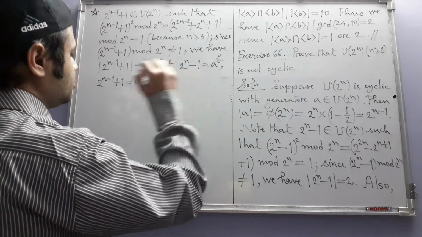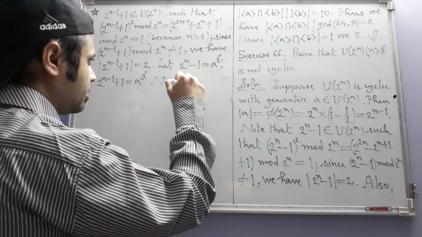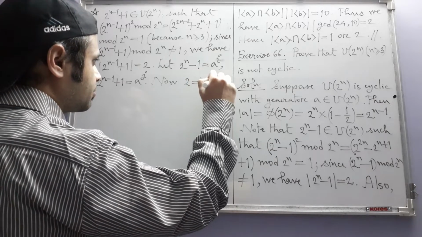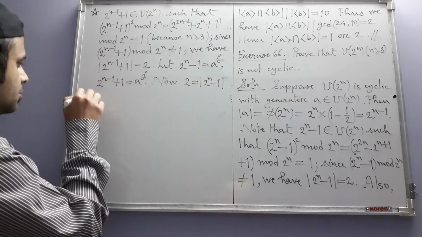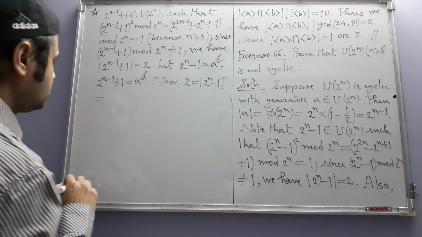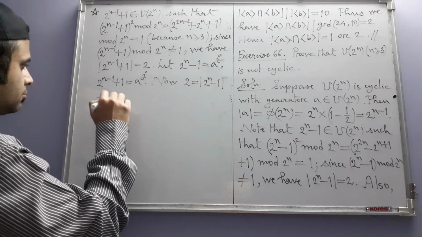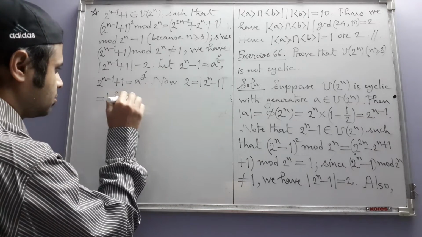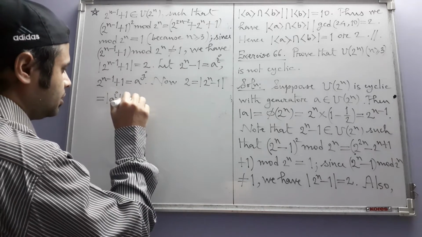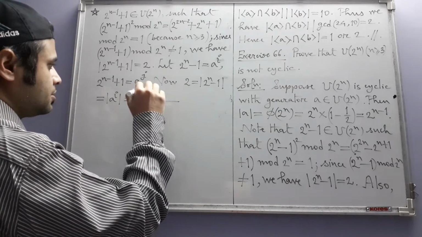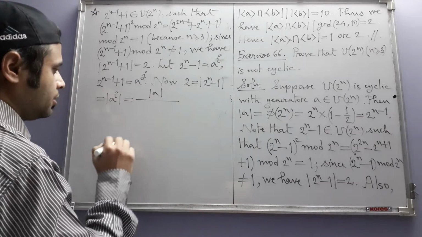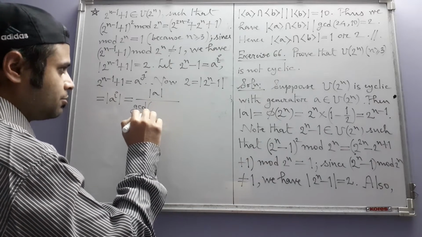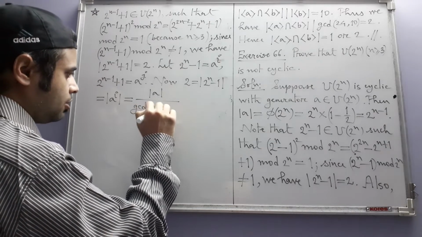We know that this order is 2, so let us write that 2 equal to the order of a to the power i, and by the formula that I am talking about, this is nothing but the order of A divided by the greatest common divisor of the order of A and i.